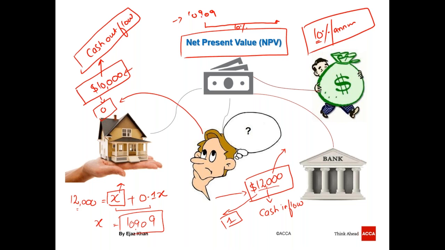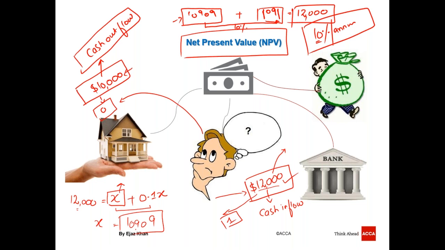If you take 10% of 10909, it will be 1091. So to satisfy the investors, this company needs to generate 10909 and 1091 after the end of the project. If we sum these two cash flows, it will give us a total of $12,000, and it is exactly what is being generated from this project, $12,000.